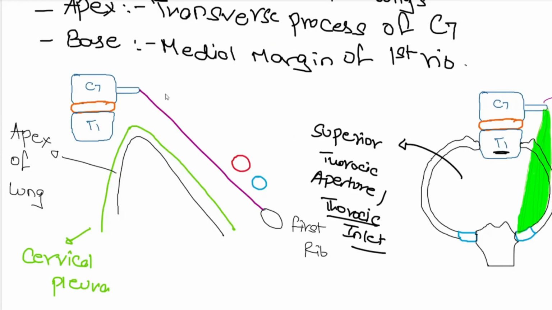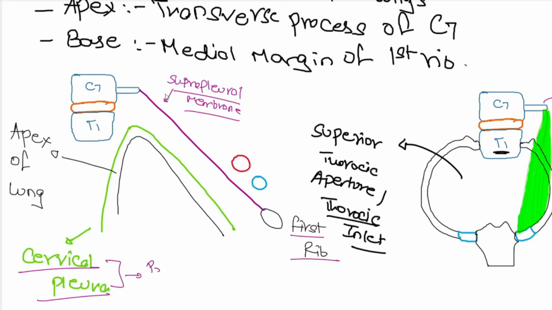Now in this cross-sectional view we can note that here we have the first rib, and then here we have the suprapleural membrane, and the suprapleural membrane is present above the cervical pleura, which was the part of the parietal pleura, and above the suprapleural membrane or the Sibson's fascia lie the subclavian vessels, that is the subclavian artery and the subclavian vein, and here below the cervical pleura, as we have discussed earlier, is the apex of the lung.